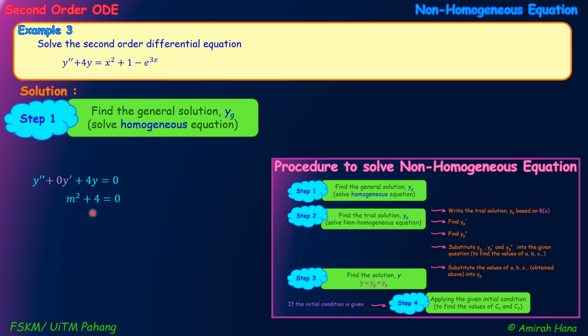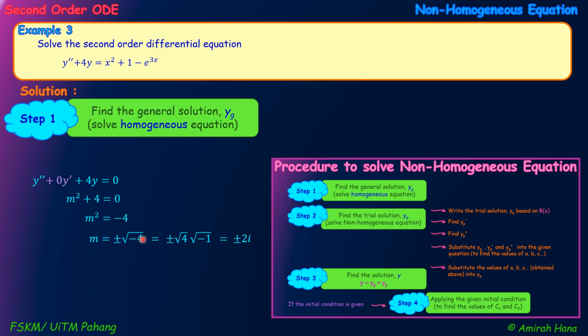After that, we need to solve the quadratic equation. We can write m squared as the subject, which equals negative 4, and then m equals plus minus square root of negative 4. If we use a calculator, we get an error here, but we can solve using complex numbers.